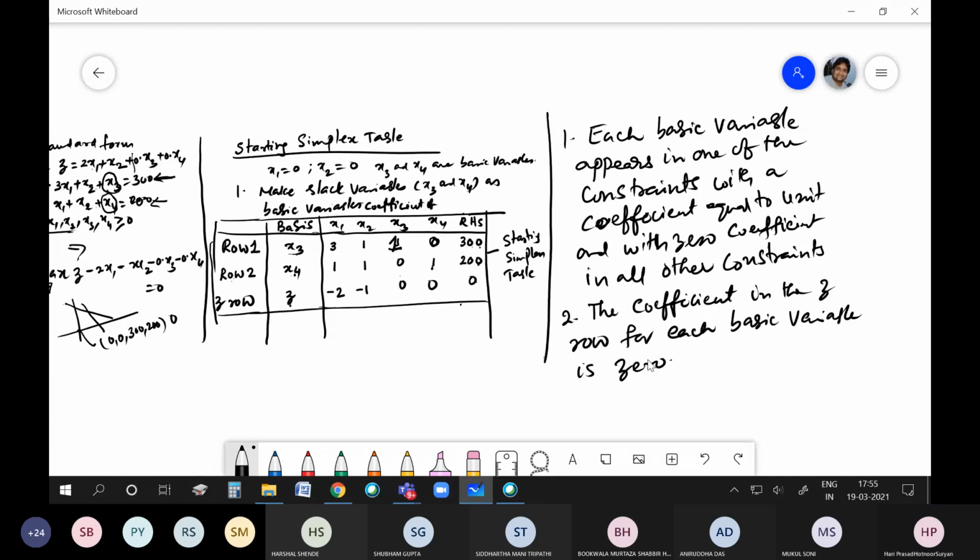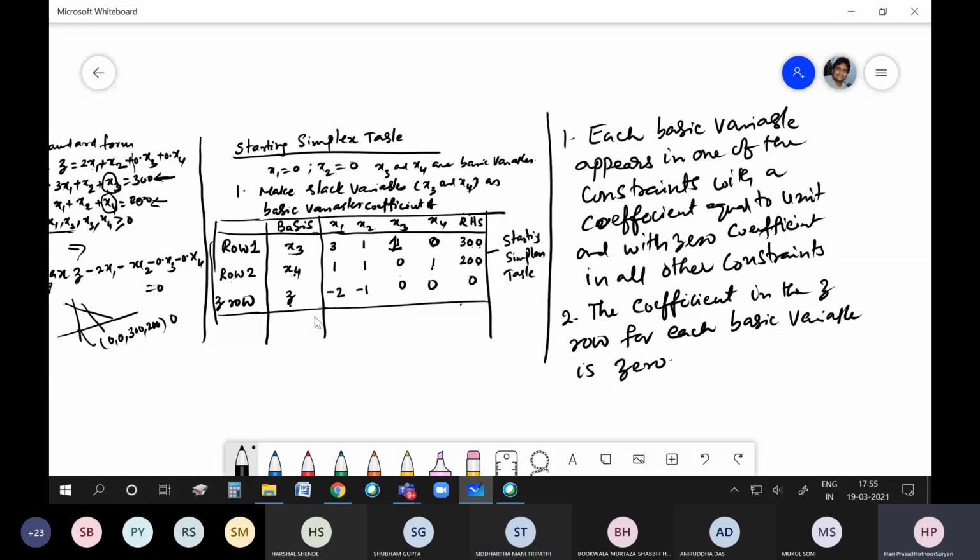Now come to the Z row, the objective function row. In this objective function, the coefficients for the basic variables, here in this table the basic variables are x3 and x4.